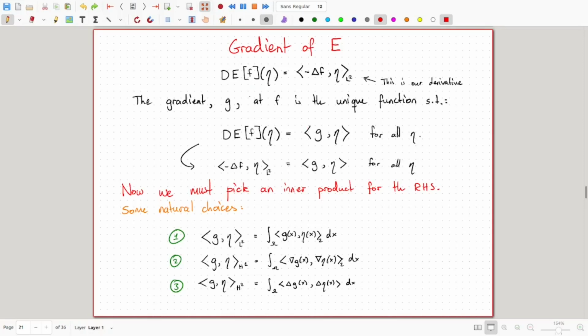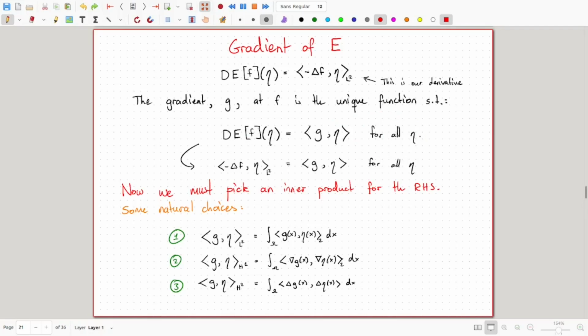Remembering that the gradient g at f is the unique function such that the derivative of the energy at f evaluated at eta is equal to the inner product between g, our gradient, and eta, and this needs to be true for every single eta.